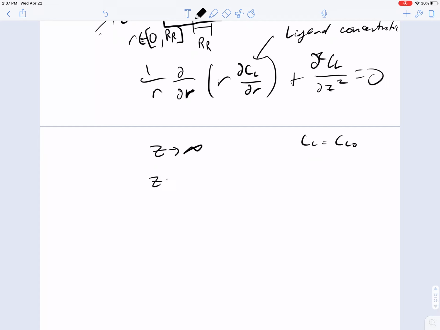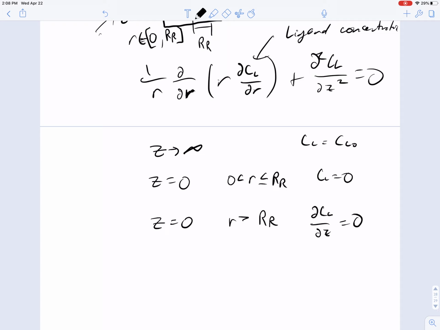At z equals 0, for R less than or equal to the radius of the receptor, CL will equal 0, and for z equals 0 for R greater than R_R, we're going to have dCL/dz equals 0.